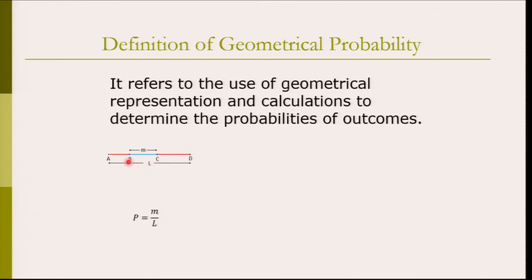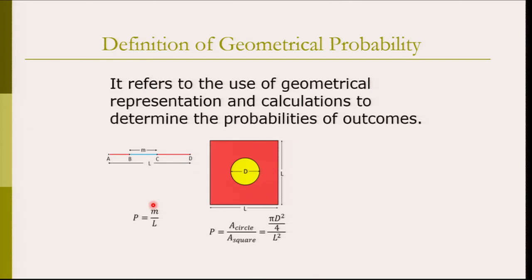Then there are 2 points, arbitrary points B and C, and the distance between BC is m, and the distance between points A and D is L. So, if we are supposed to calculate the probability of hitting a point on the line BC, then it would be the ratio of m to the total length L. So, for the geometrical probability of this 1-dimensional object, the probability of hitting a point on the line BC would be m by L.